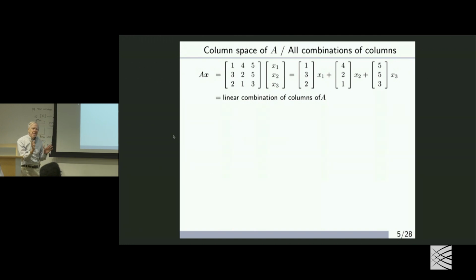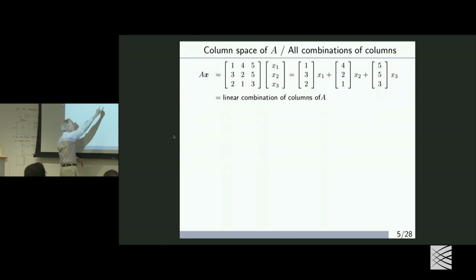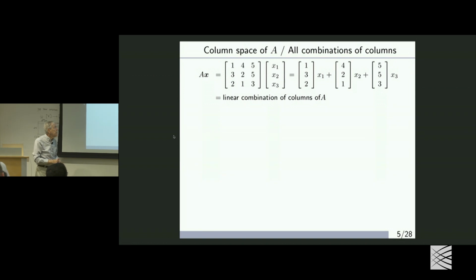You really want to see these multiplications a column at a time, vector-wise. If you just did row 1, 4, 5 against x1, x2, x3, you would certainly get x1 plus 4x2 plus 5x3, but you'd miss the point. The point is to do it by vectors, so that we get a combination of the columns.